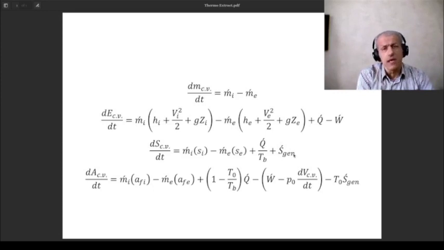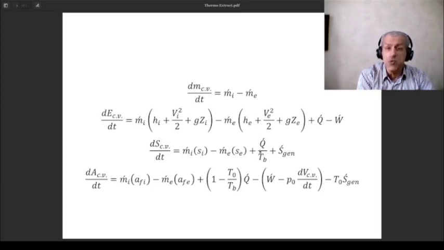Then, just to relate this equation to all we had done and say why Sgen should behave as we wanted, we related it to the temperature difference that causes transfer. We said that we added one term, which is heat transfer divided by the temperature of the boundary, and showed with a very simple example how this term could behave.